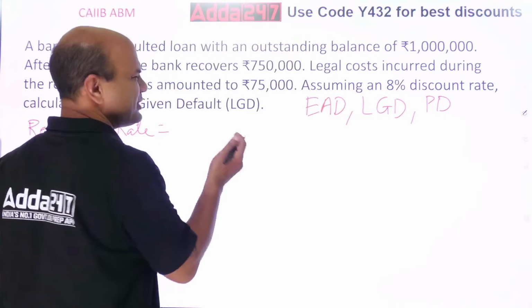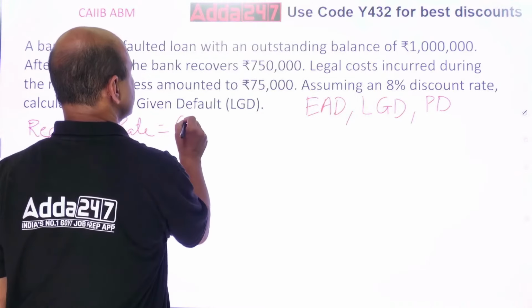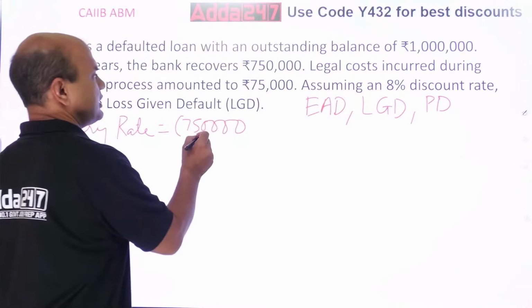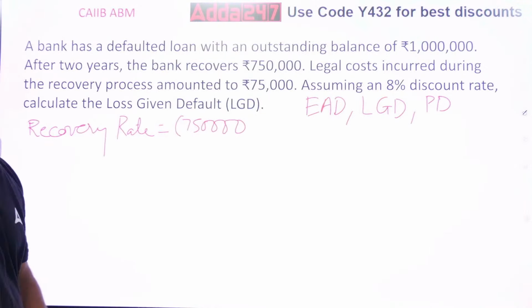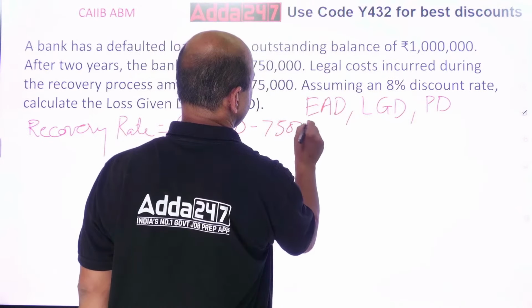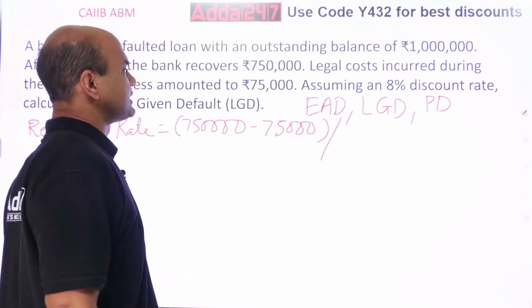It is basically the present value, using the discounting factor. So 7,50,000 minus 75,000, the whole upon 1 plus r raised to n.